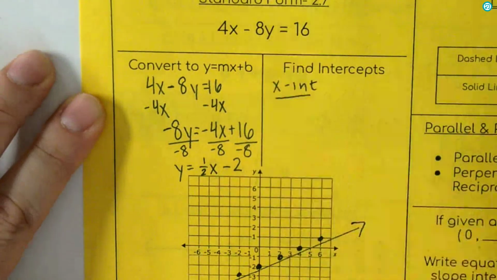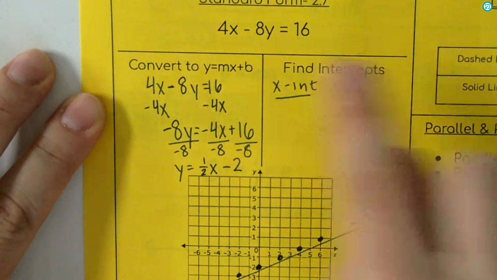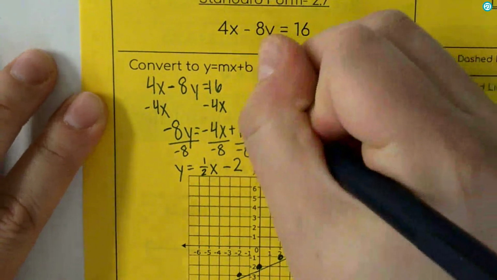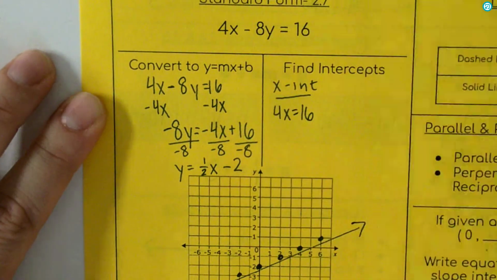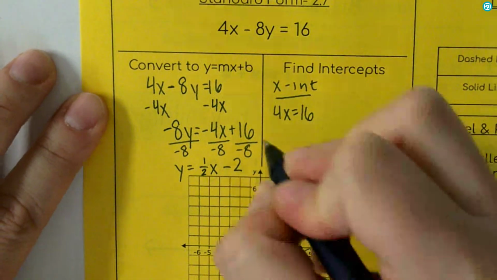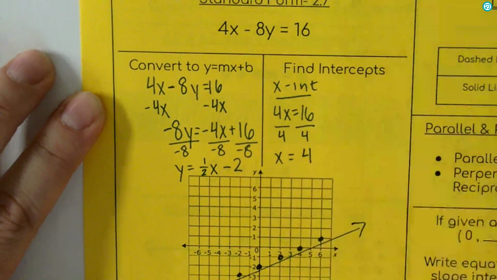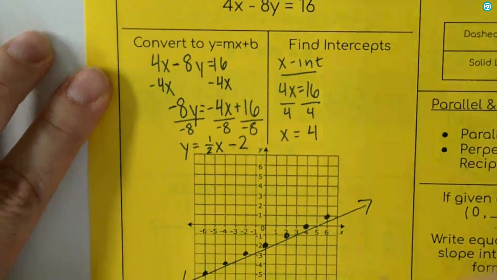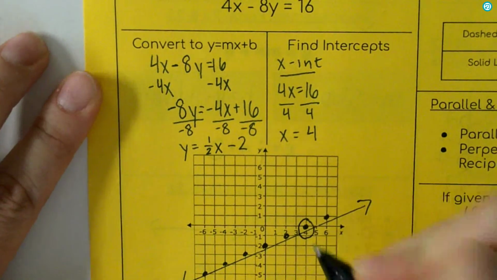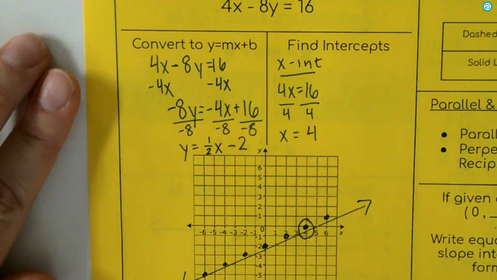What is 8 times 0? 0. So we're just going to 0 that out, and all we're going to solve is 4x equals 16. Divide both sides by 4. We get x equals 4. We would put a dot on our graph right there at x equals 4.